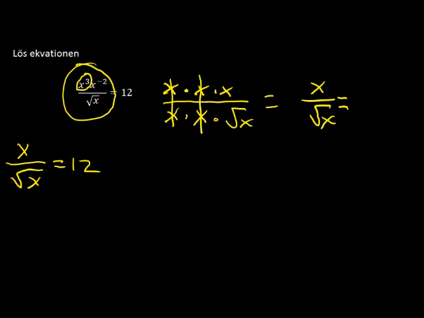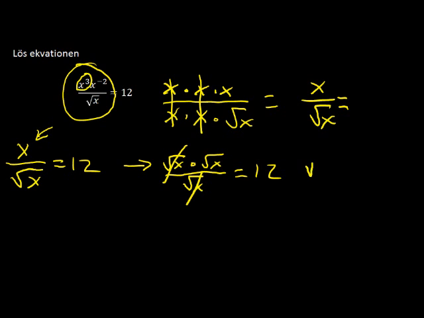But x can be rewritten. This x can be written like this: the square root of x times, well, itself. And then that can be divided by what's still on the bottom there. And that will be equal to 12. But look what happens. That divides out. So now we know that the square root of x is equal to 12.